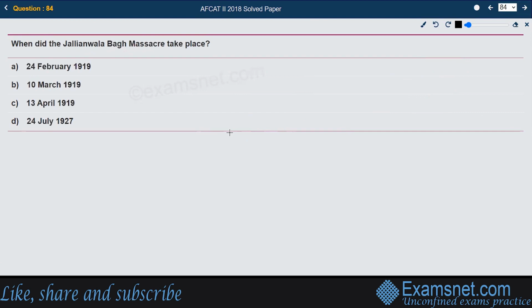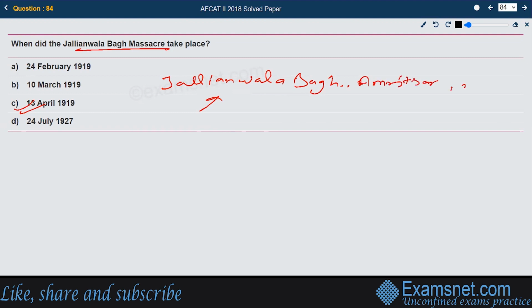Next, the question is, when did the Jallianwala Bagh massacre take place? The right answer is 13 April 1919. A crowd of non-violent protesters, along with Baisakhi pilgrims, had gathered in Jallianwala Bagh, a garden in Amritsar, in the state of Punjab.